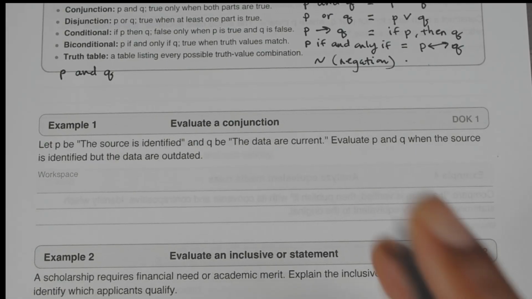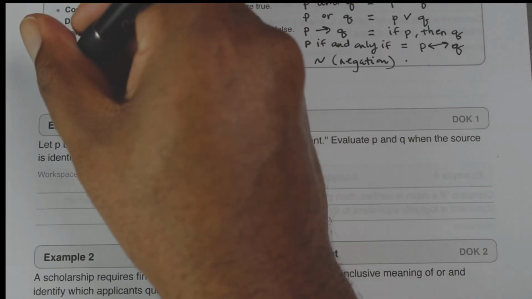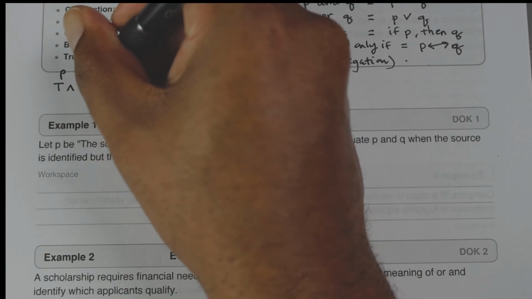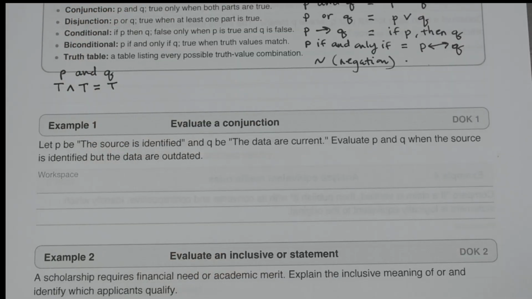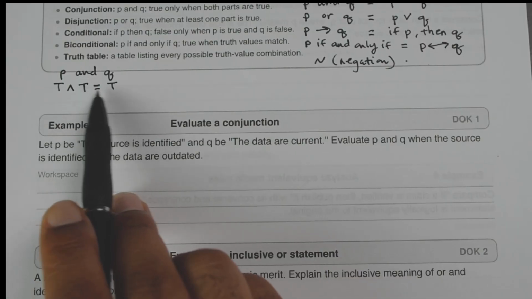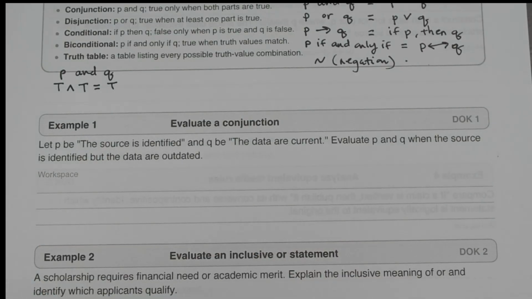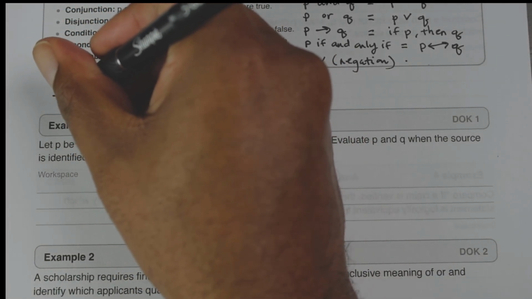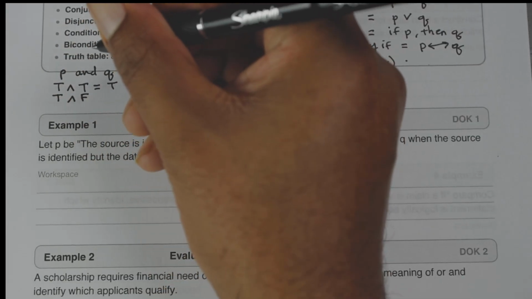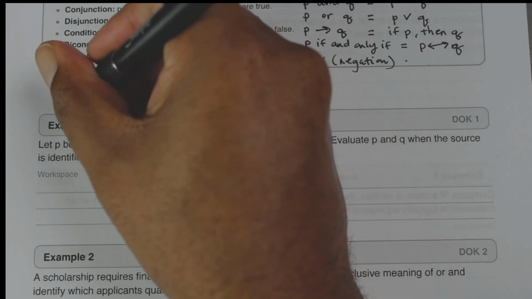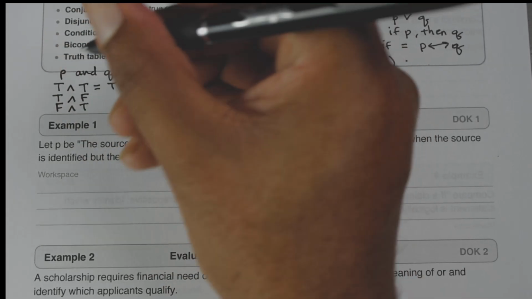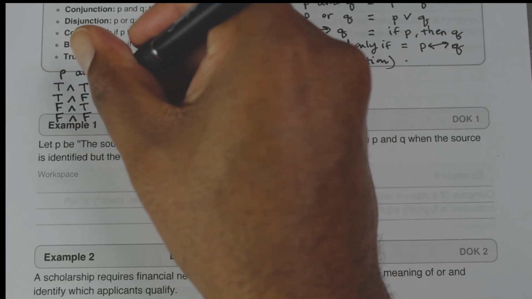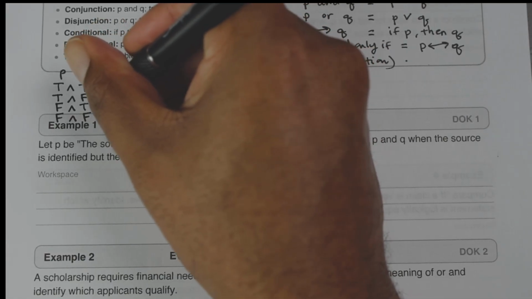So if we say T and T, then that's going to be T. If both are true, then the outcome is going to be true. But if you have a T and a false, or a false and a T, or even a false and a false, then the outcome is just going to be false for all of those.